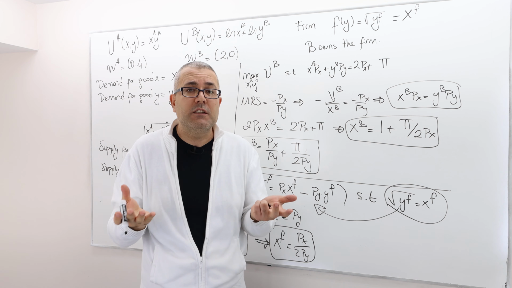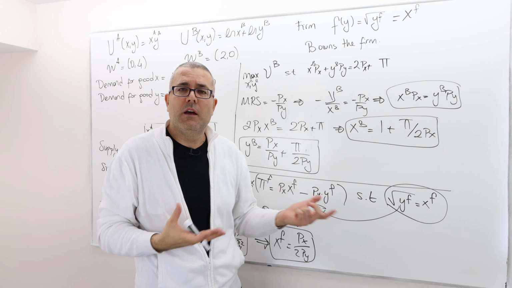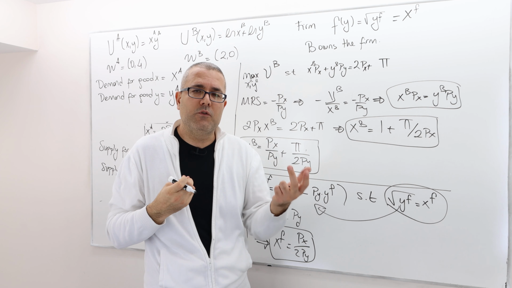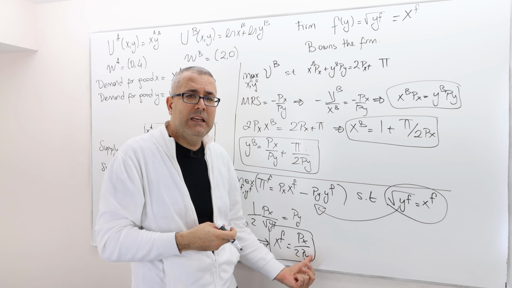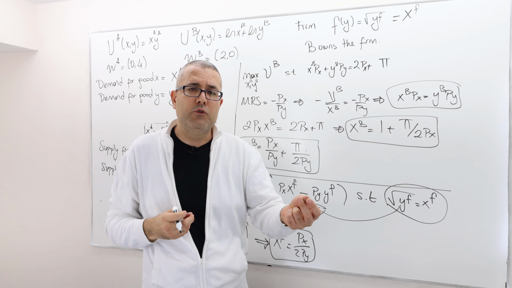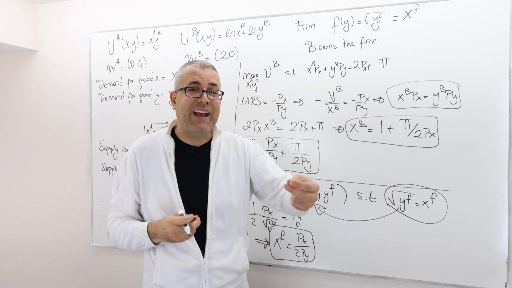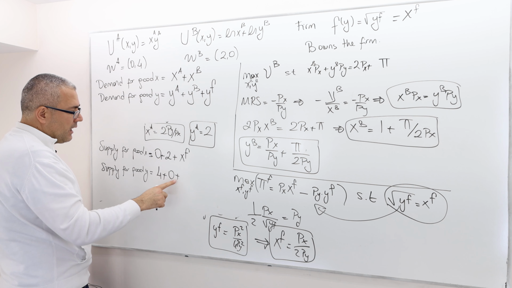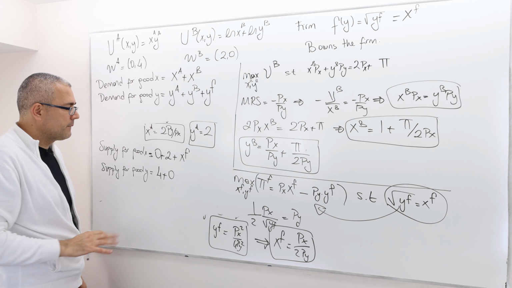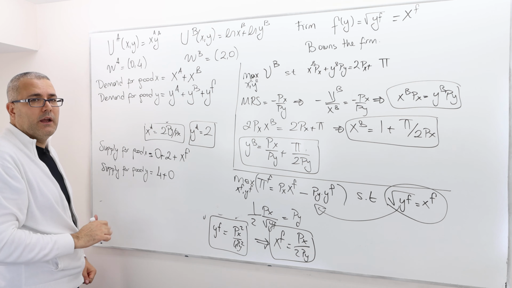I mean, it shouldn't be wasteful because we maximize the input and the output. So the firm is not going to consume more input than it needs, and it is not going to produce more X than it can sell. So therefore, there's not going to be any supply for good Y. So that's it, 4. All right?